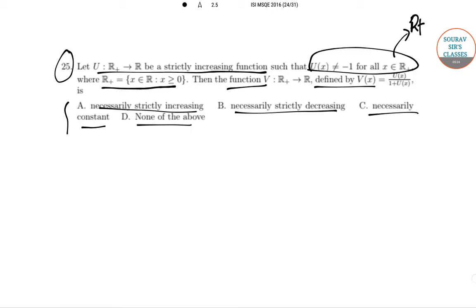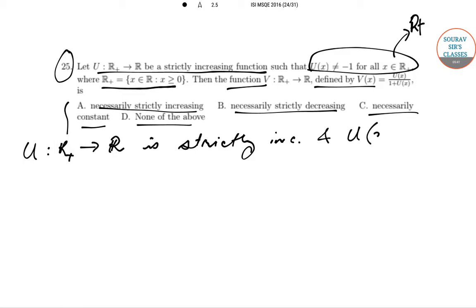So we have been given that u, which goes from R plus to R, is strictly increasing, and u of x is not equal to minus 1 for all x which belongs to R plus.